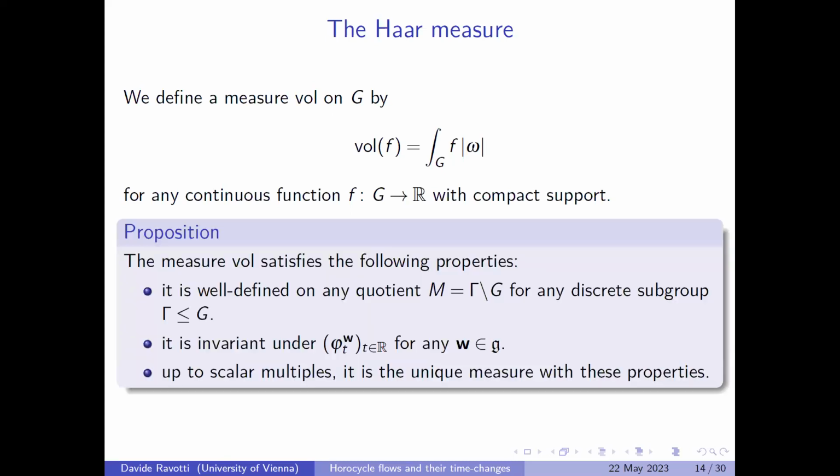And is it important that you started from a very particular triple? No, exactly. So the proposition that I did not prove says that this measure has properties. Let me start by addressing your question. Up to scalar multiples, it is the unique measure with this property. Where does this come from? Well, at first I made the choice of the basis.